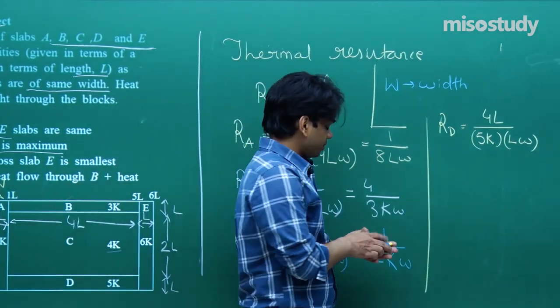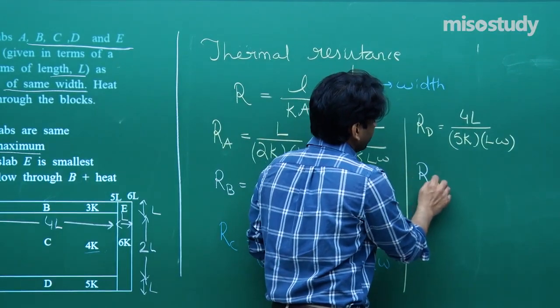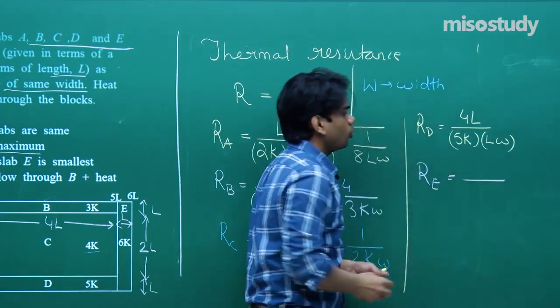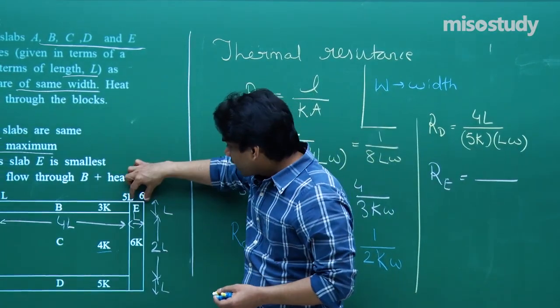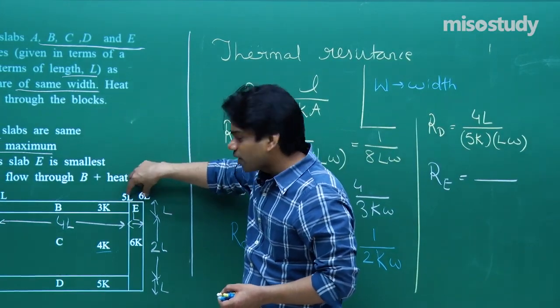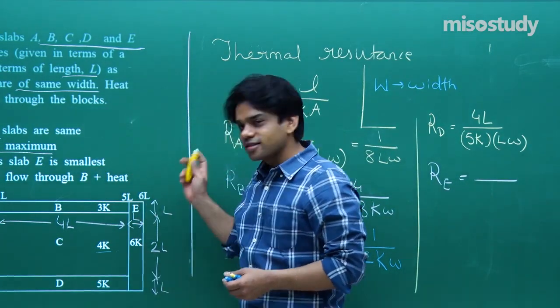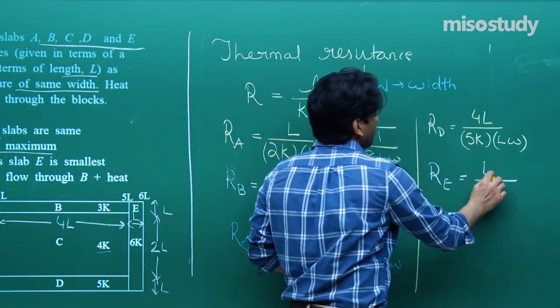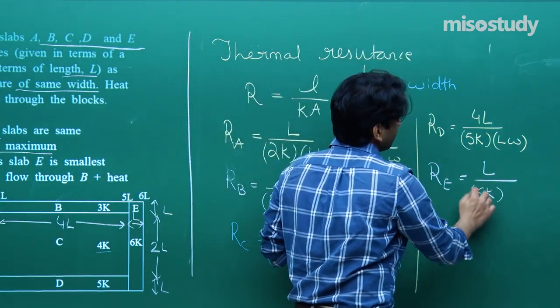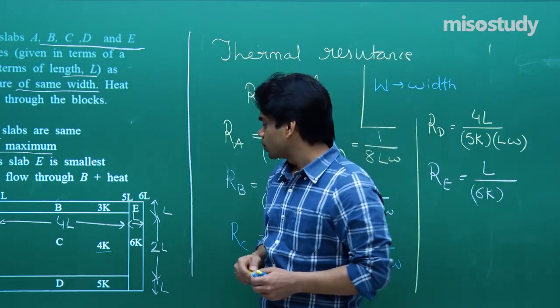Next thing for E. What's the length? Length will be only from here to here, 5L to 6L, that means 1L, and its thermal conductivity is given as 6K. So L upon 6K, and area you just try to visualize.